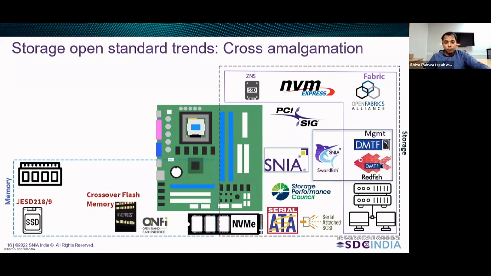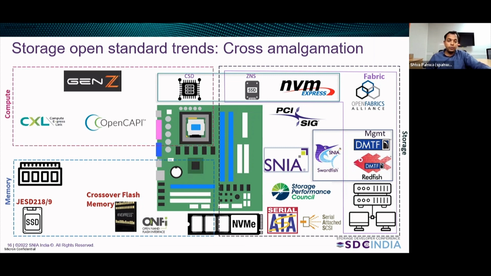And then came more devices where NVMe started leveraging the host memory. So there was a cross amalgamation between memory and storage, using ONFI to be able to talk to the NAND interface in the backend. Then NVM Express and SNIA started developing computational storage devices, where we could do computations within the storage as a form of functions, and more computation standards emerged where CXL, OpenCAPI, and Gen Z collaborated together.